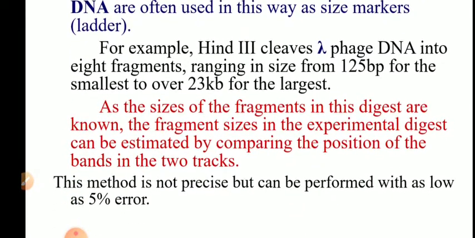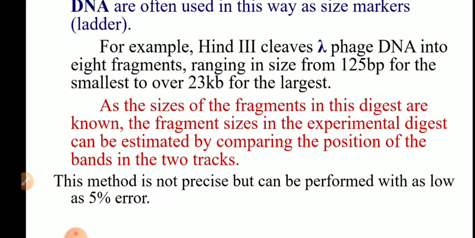As the size of every fragment in the standard lambda digest is known, the fragment size in the experimental digest can be estimated by comparing the position of the bands in the two tracks. You compare the position of the band of your sample DNA with that of the lambda restriction digest, and you can estimate the size of the DNA fragment.